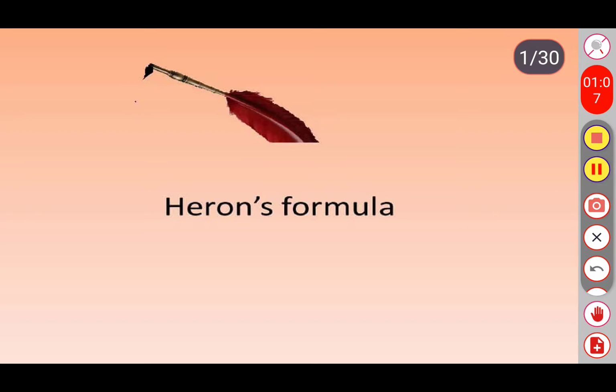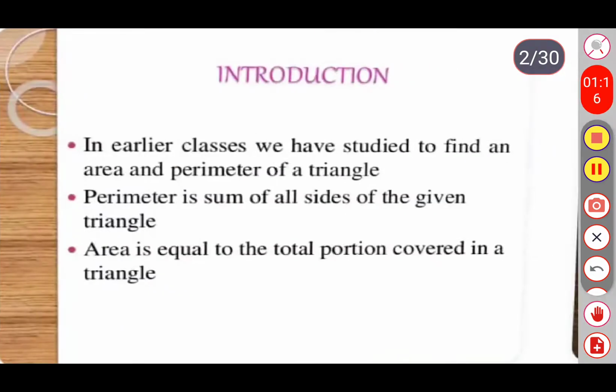Let's start the chapter with some basic laws and basic concepts. First one, introduction. In earlier classes you have studied how to find the area and perimeter of a triangle.